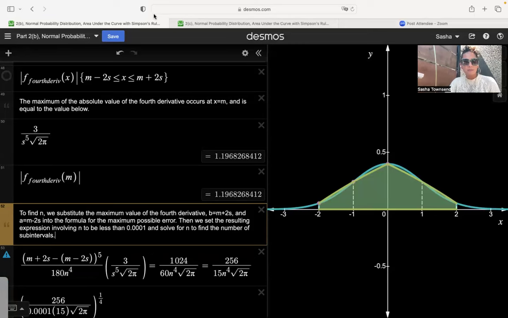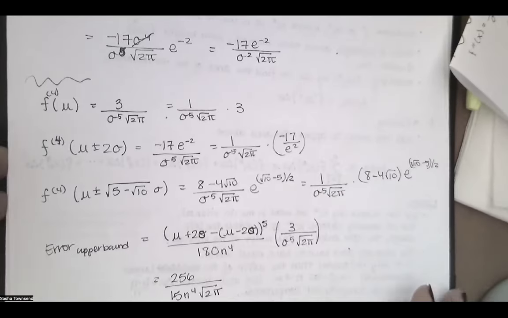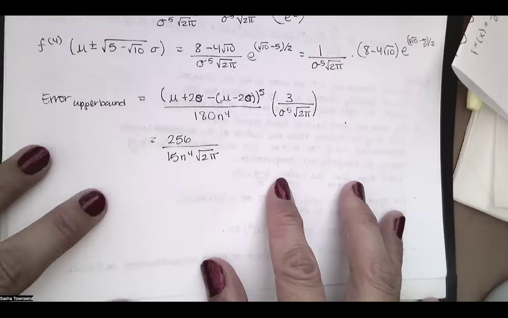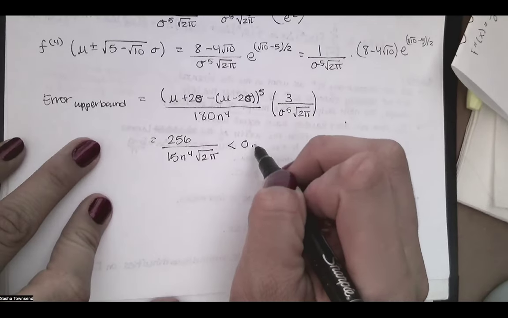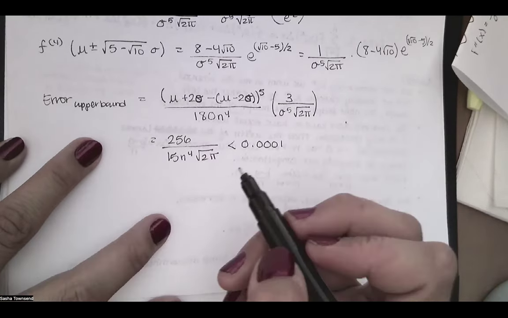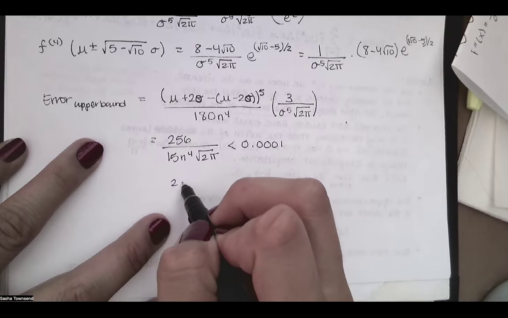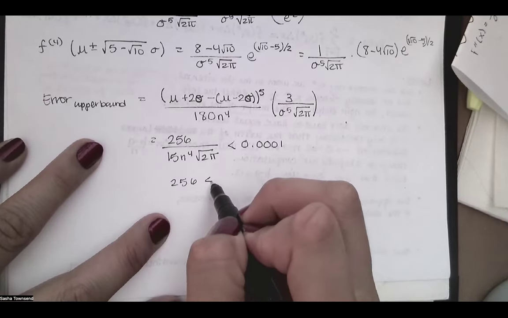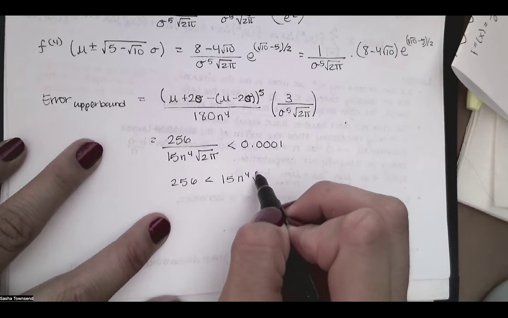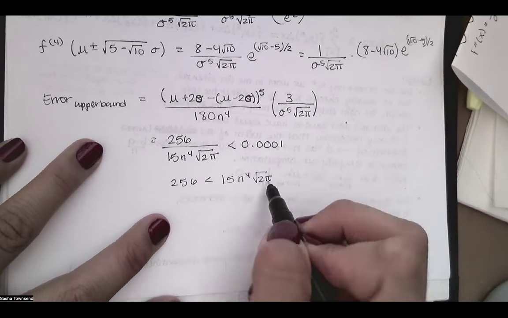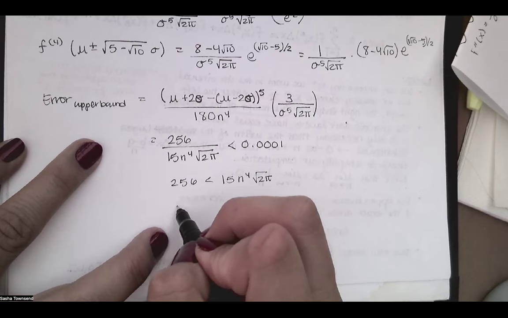And I'll do that pencil and paper calculation now. So we're going to multiply both sides by this. Divide both sides by 15 times the square root of 2 pi.